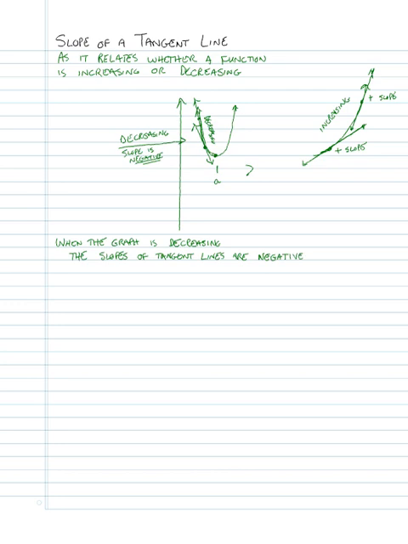Now, let's assume the function is f of x as an example. Well, the way we calculate slopes of tangent lines is by looking at the derivative, isn't it? The derivative of the function. And so what we're saying is the slopes of tangent lines are negative. That would mean f prime of x is less than 0. That's what we would mean when we say the slope is negative.